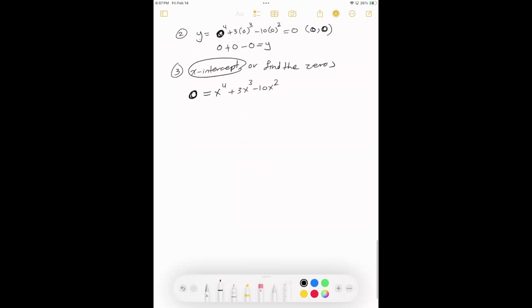If I want to solve this equation, I need to factor the greatest common factor, which is x to the power 2, because this one is made out of x squared, this one is 3x squared and 1x, this one is 2x squared. So as you see, they all have this x squared common factor. So I'm going to keep it out. I get the leftover x to the power 2 plus 3x minus 10.